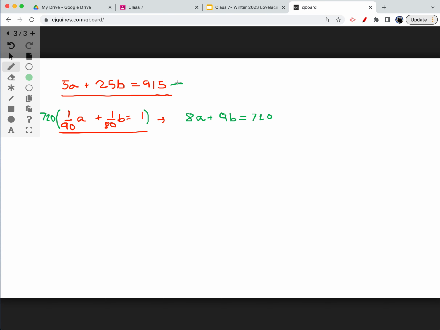And then over here, if we divide or multiply the entire thing by 1/5, we get A plus 5B is equal to 183, I think. Yeah.